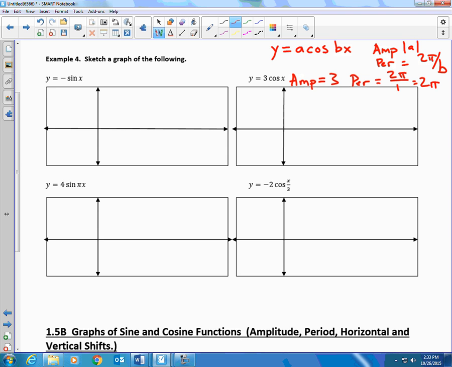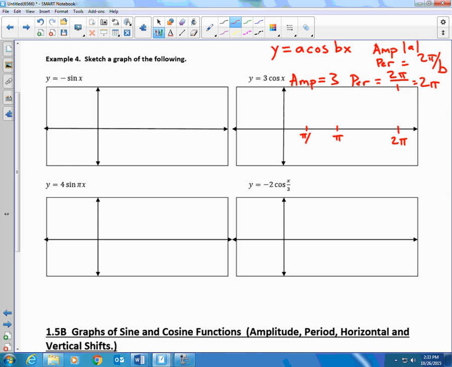So what I do is this step. I take my period and I mark it out: 2 pi. Then I divide it into 4 pieces. What's half of 2 pi? Pi. And what's half of 1 pi?